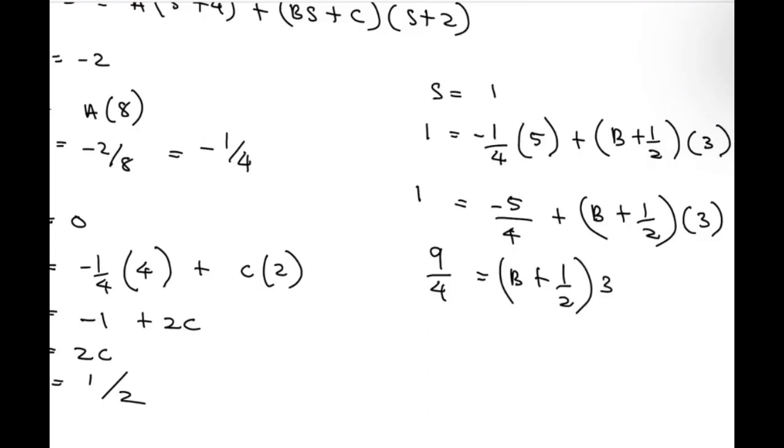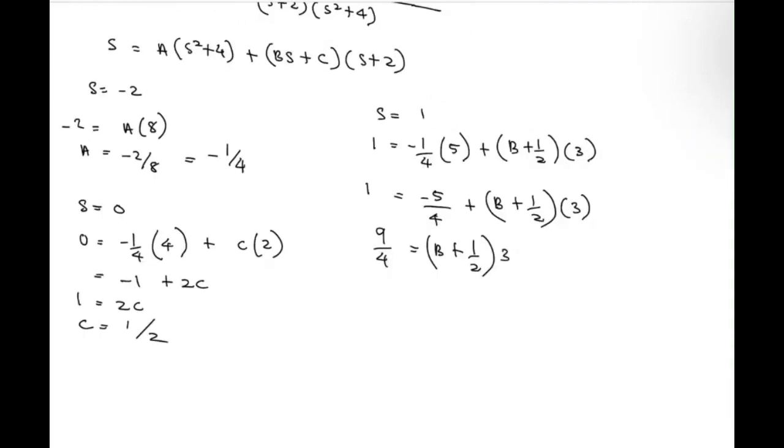So we divide by 3. So we will have 9 over 4 divided by 3, 3 over 4, equal to B plus 1 over 2. So B equal to 3 over 4 minus 1 over 2, so minus 2 over 4.